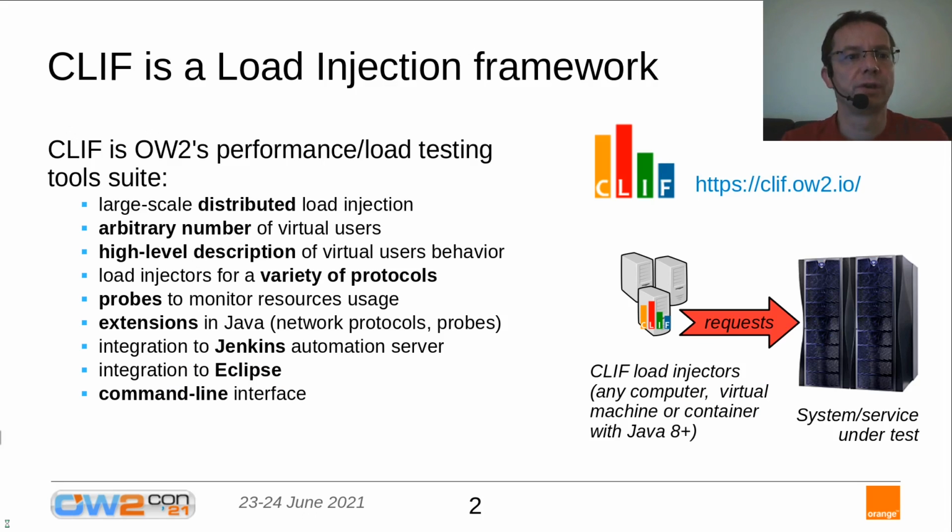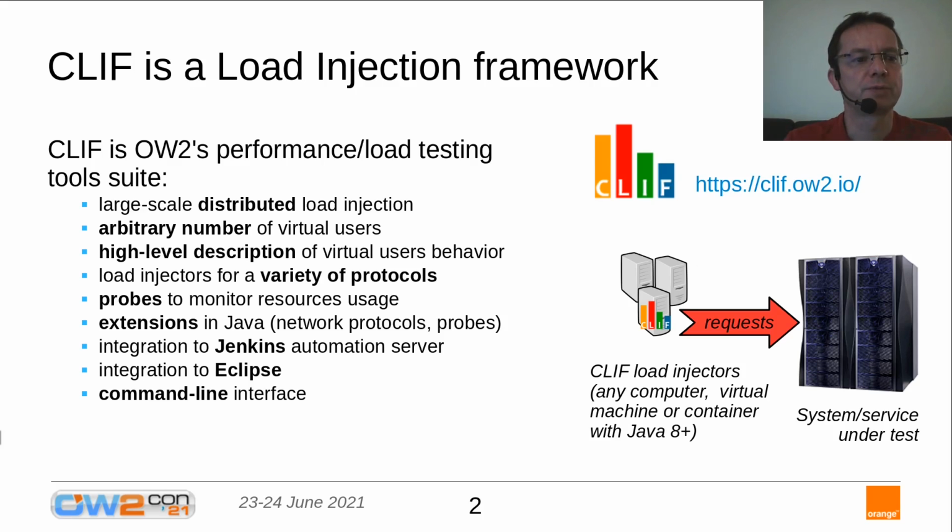First, let me tell you a little bit about CLIF. CLIF is OW2's project dedicated to performance and load testing. CLIF provides load injectors to submit flows of requests to a system under test according to a variety of network protocols. CLIF provides also probes to monitor usage of computing and networking resources.